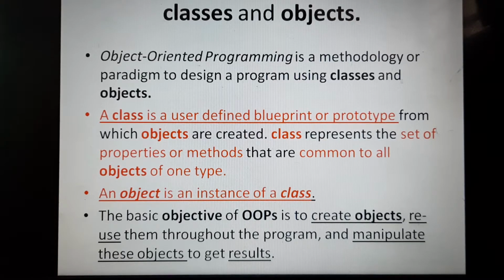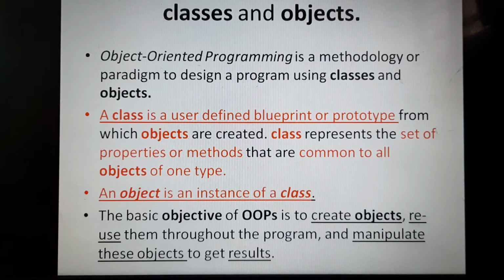I already explained the class and object. We already know that object-oriented programming is a methodology to design a program using classes and objects. Now, what are classes and what are objects?